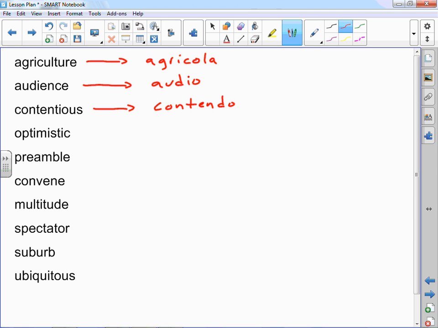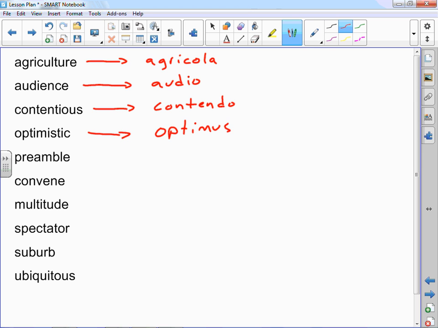Usually, it's some sort of debate in which hurried decisions or hasty opinions are made, and that's where the disputes come from. Optimistic, coming from optimus. Optimistic is whenever we feel like the best things could happen.